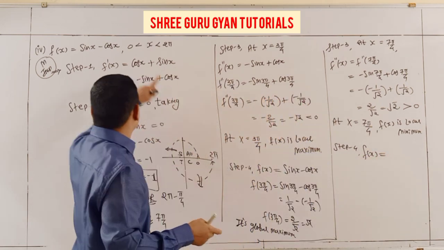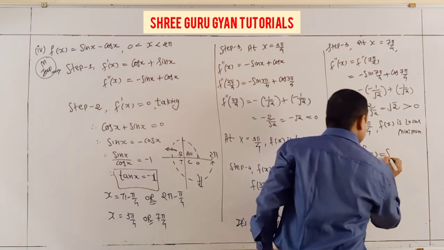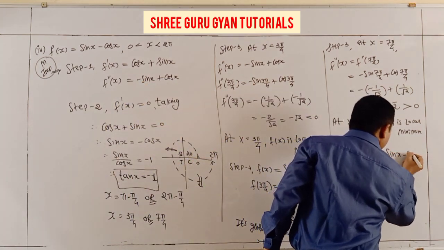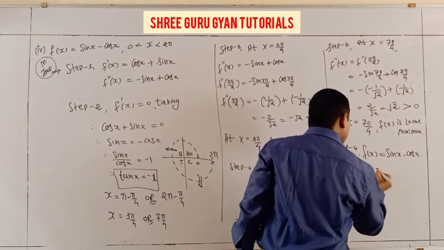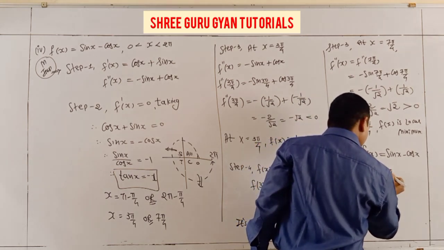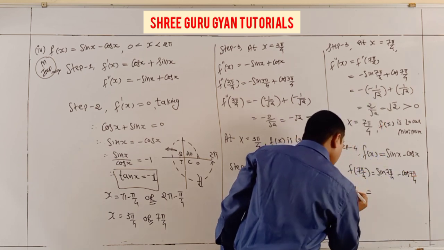This is your f(x) initially, sin x minus cos x, and derive the value f of 7 pi by 4. So students, here sin 7 pi by 4 minus cos 7 pi by 4. Then the value is declared.